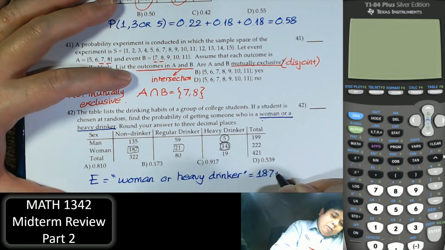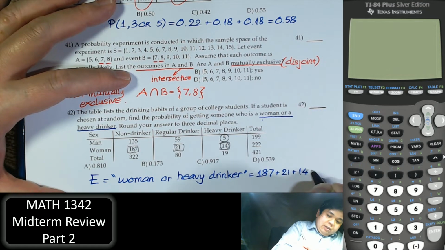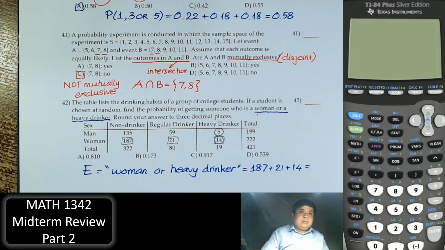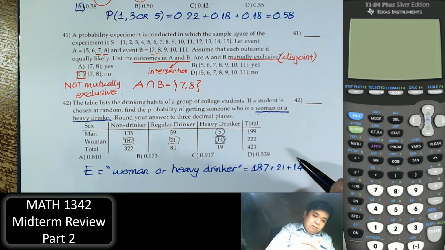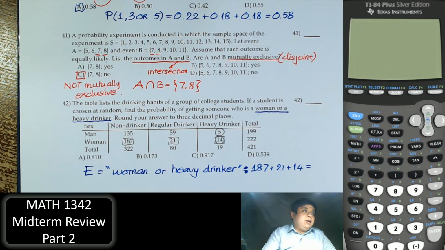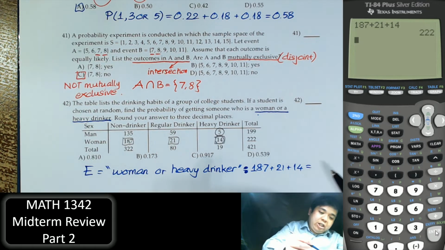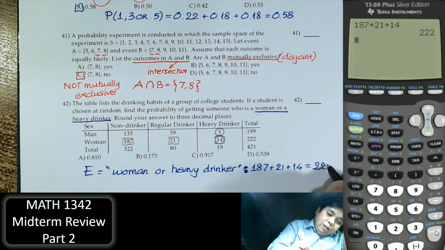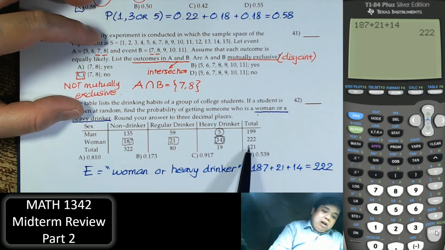187 plus 21 plus 14 is 222. And then we just divide by the total of 421.